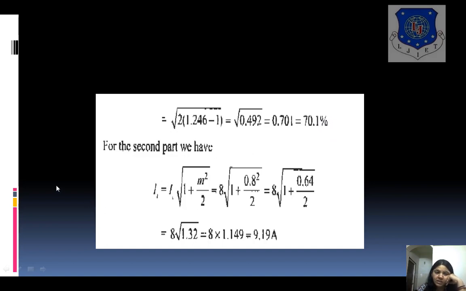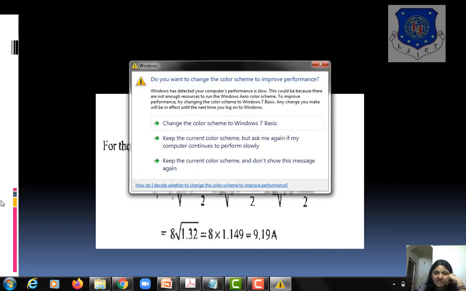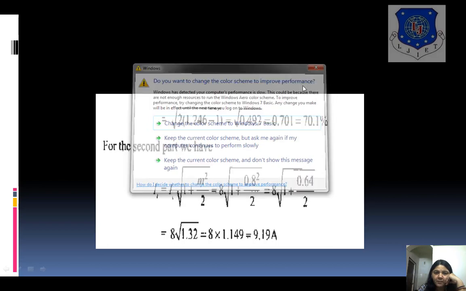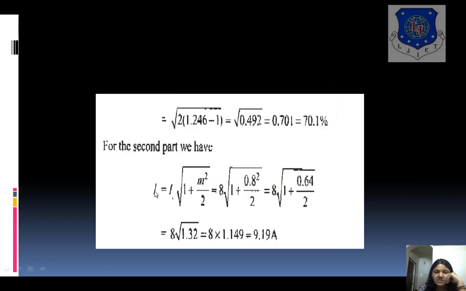Now in the example it is given that the modulation index changes to 0.8. So now we are writing the equation for this. It is It is equal to Ic square root of 1 plus m square by 2.